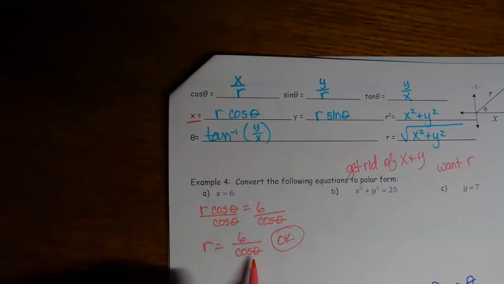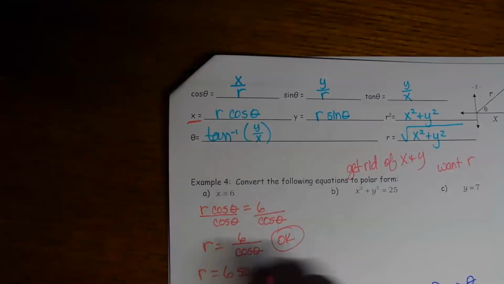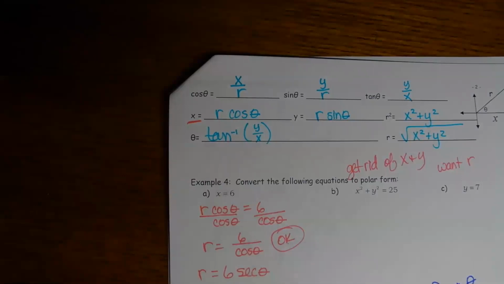So instead of writing cosine, we'll write its reciprocal because a reciprocal flips it over. So what's the reciprocal of cosine? What can we write instead of cosine in the bottom? Secant, right? Because cosine is 1 over secant. So secant is 1 over cosine. And this is really 1 over cosine times 6. So this is wonderful.